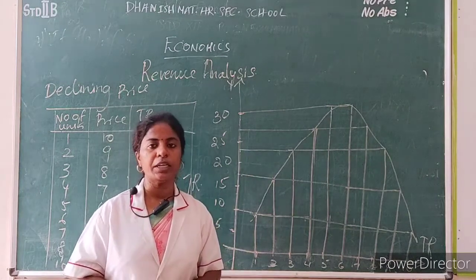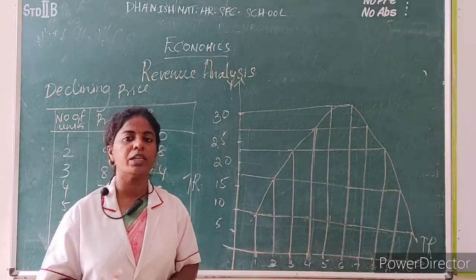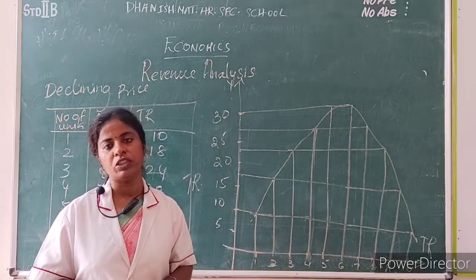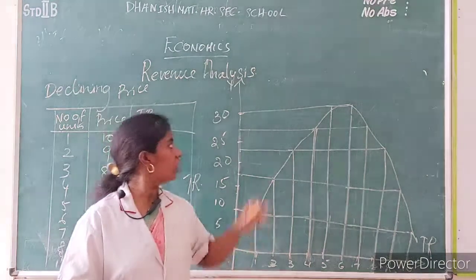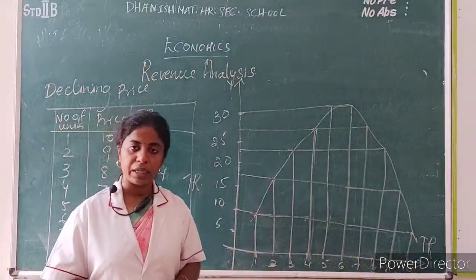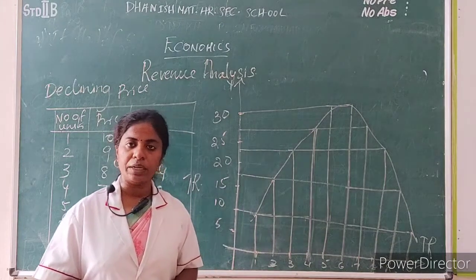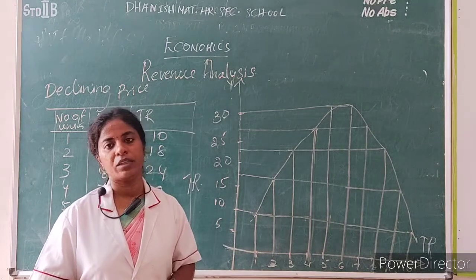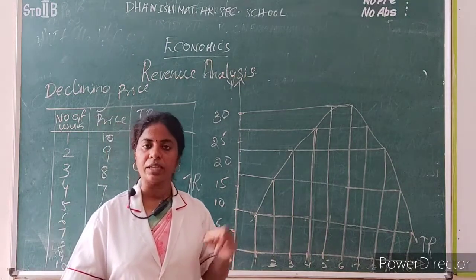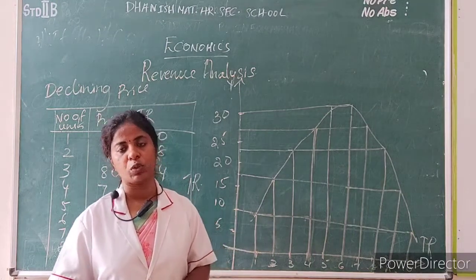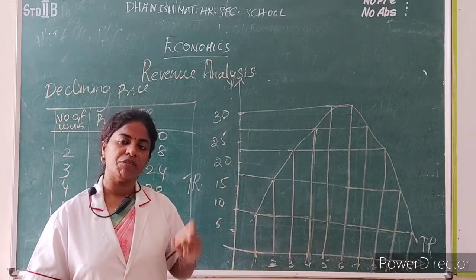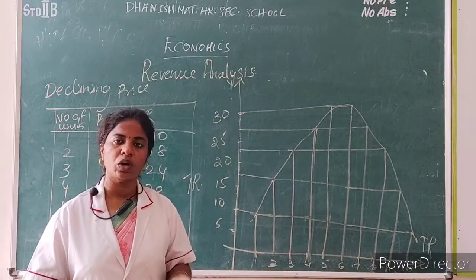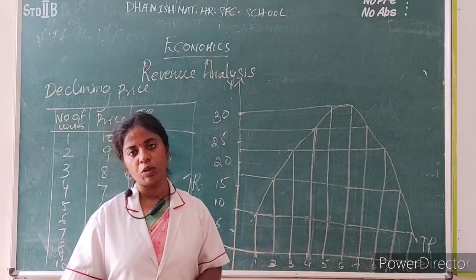Under constant price, the price remains constant and the revenue changes. Under declining price, the price started to increase, then it started to decrease. The profit also started to increase, then became constant and then decreased. If we keep on producing when there is no demand, it comes to a negative position.